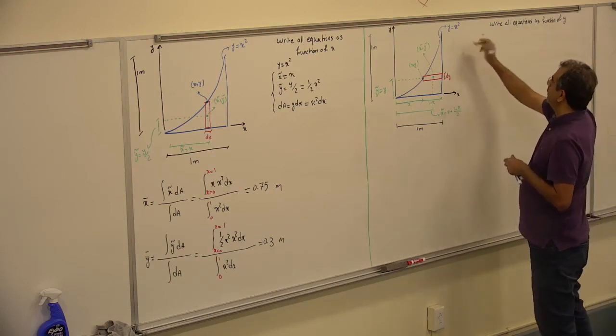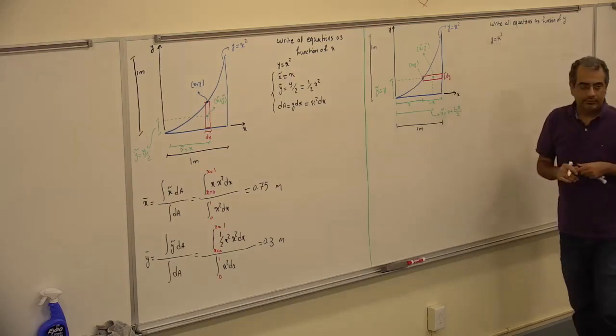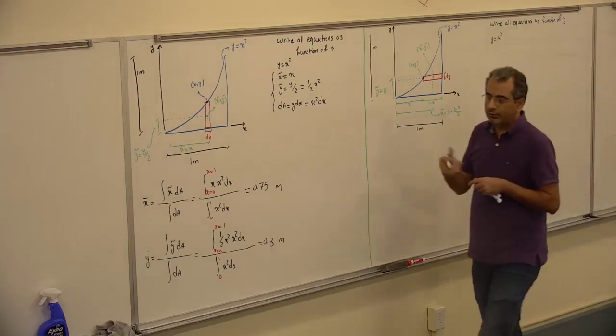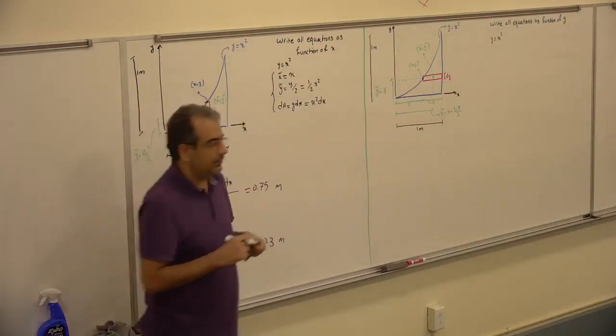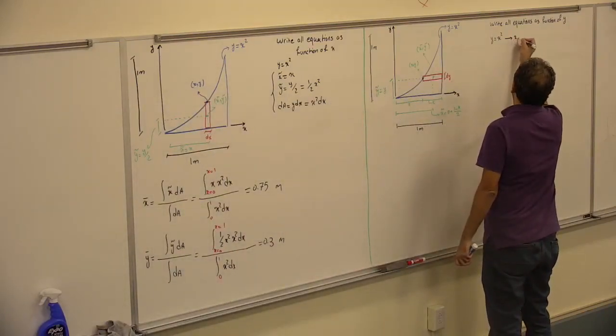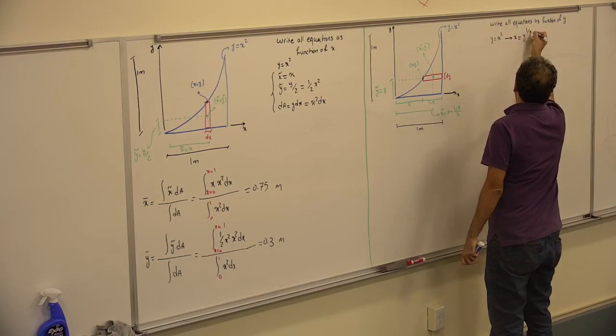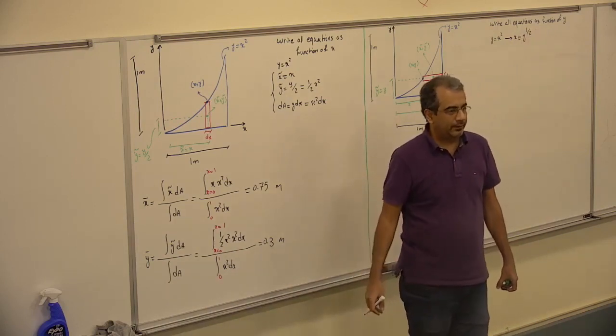The first one that I need to convert is the equation of the curve itself, y is x squared. So x is going to be y to the power of half. So that's the first one.